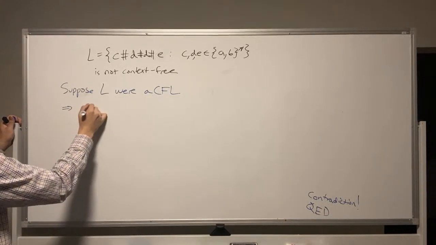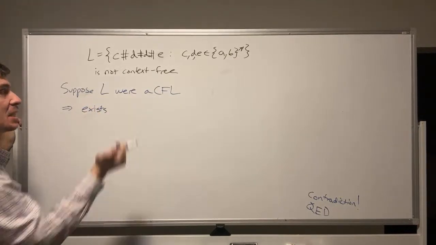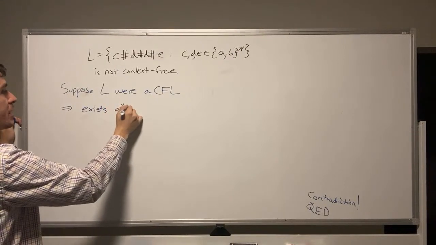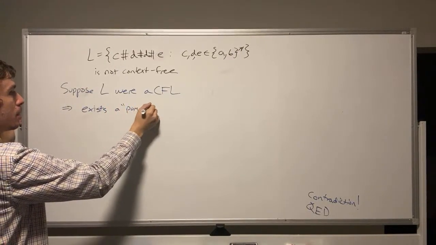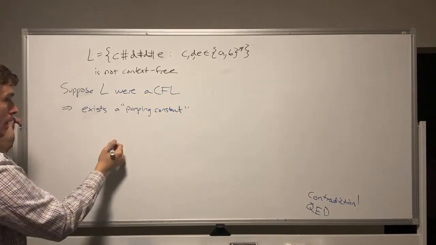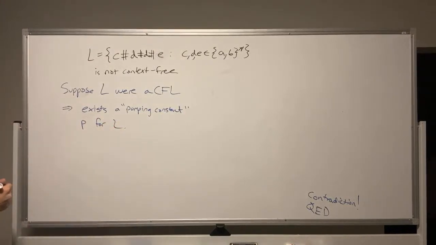So the lemma says that this number exists if we have a context-free language. So there exists a pumping constant, I'll write it here, P for L, for this language.